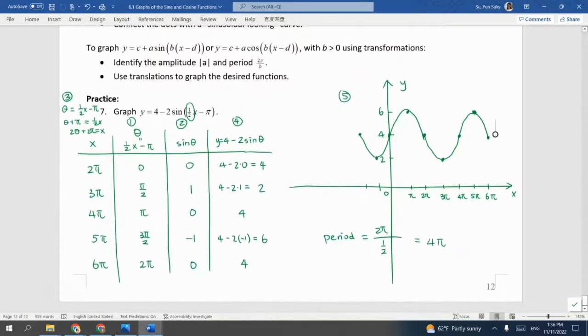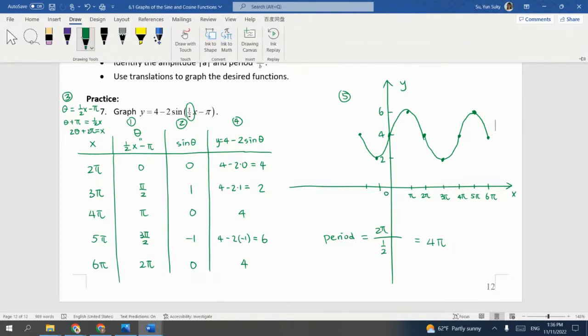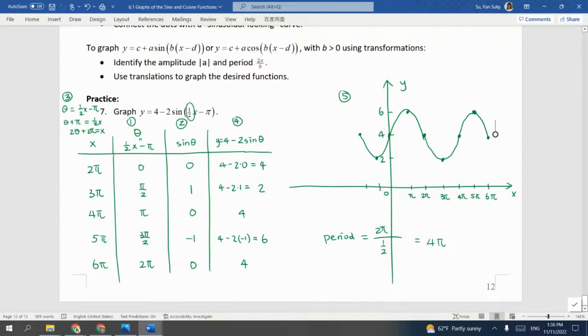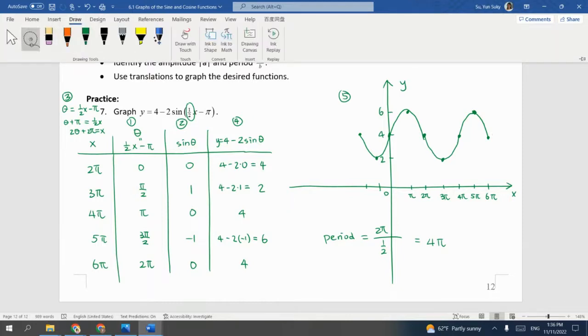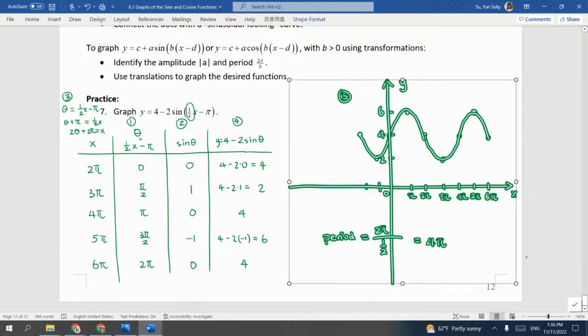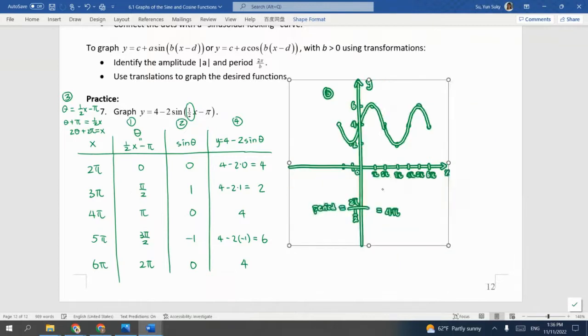Can you write down the sequence of transformations? I just want to relate to what we learned before. First step, your parent function is what? Let me shrink this a little bit, make it smaller, so I can have more space.